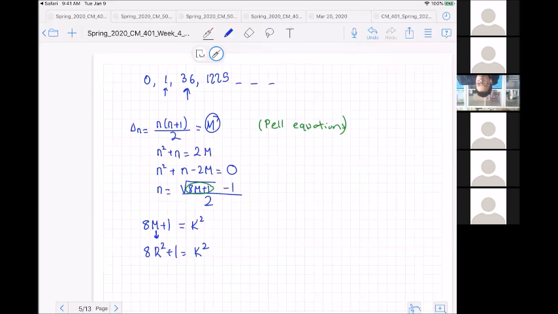And we also know that 8m plus 1 has to be a perfect square. So 8r squared plus 1 is equal to k squared. Therefore, we can write this in the form k squared minus 8r squared equals 1. So this is called Pell's equation.